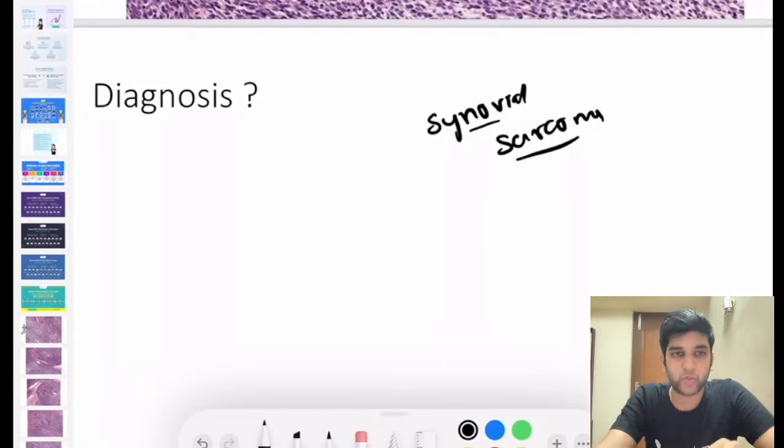Okay. So if you're a postgraduate watching here, can any one of you tell me the markers for synovial sarcoma? What markers will you mark for synovial sarcoma? What markers do you want? I'm sure you know at least a few common ones. Any marker which comes to your mind?